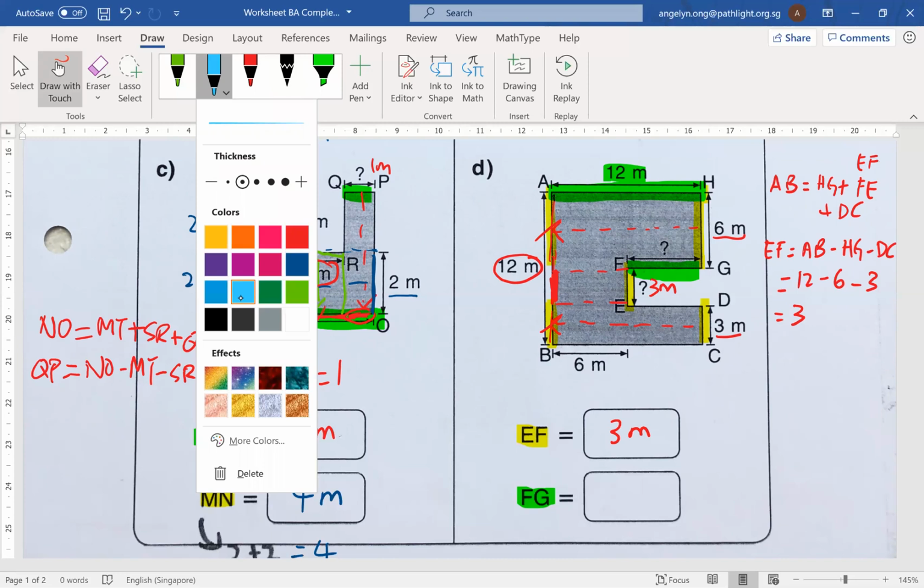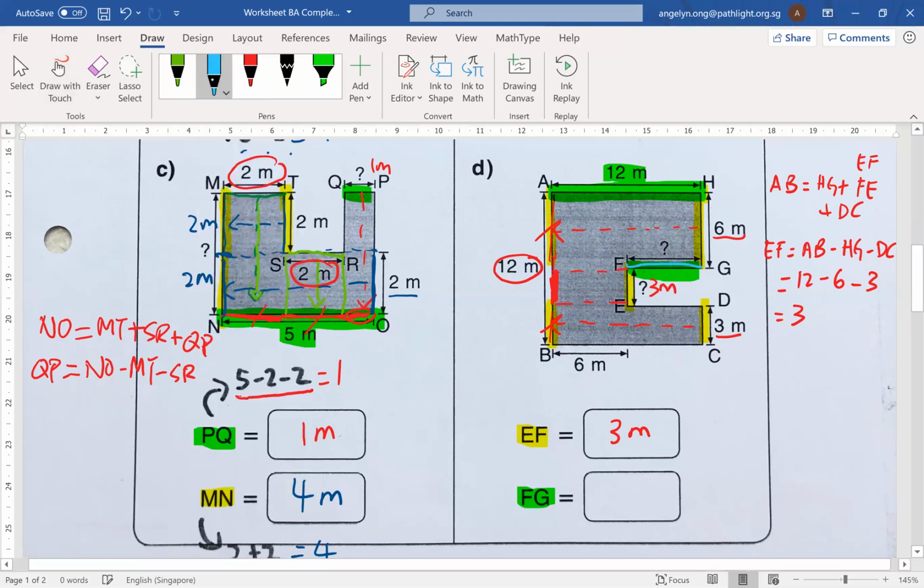I can bring FG up into AH. So it will cut off here. So this part of AH is equal to FG. Now what do I do with this other part? I look around and I see, okay, this section is 6 meters. And I can bring it up and it will fit nicely over here.